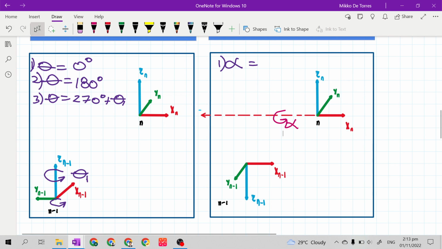So what will happen here? If we say z sub n minus 1 must match with z sub n, what it means is that it should look like this.